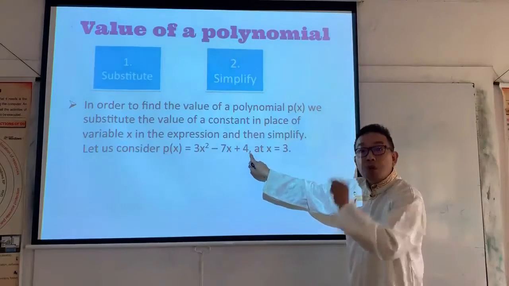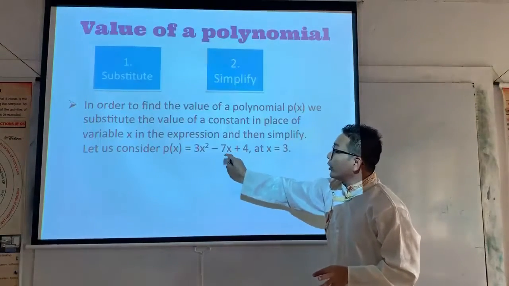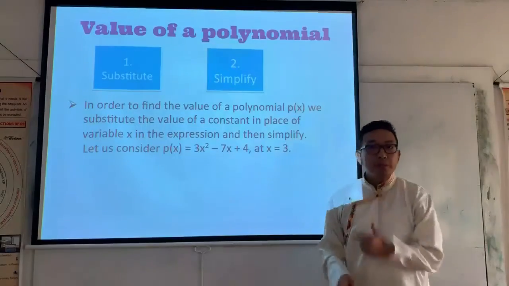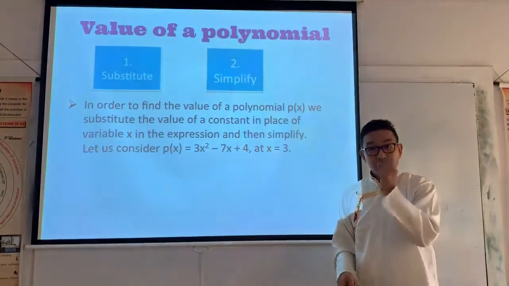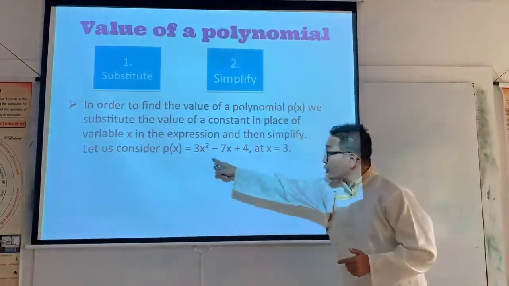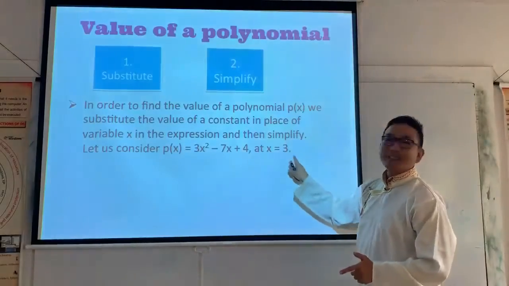The variable's coefficient can be any number, but the exponent of the variable should be a whole number, a non-negative integer, for it to be a polynomial.